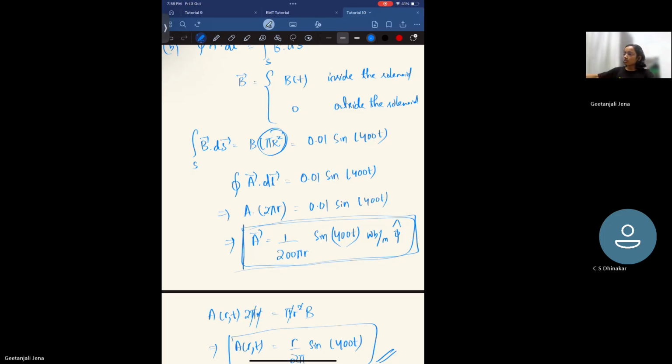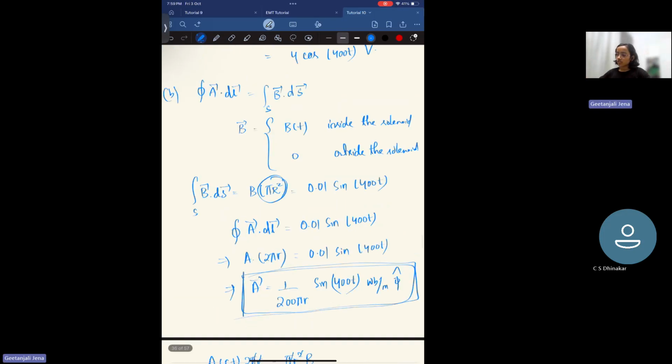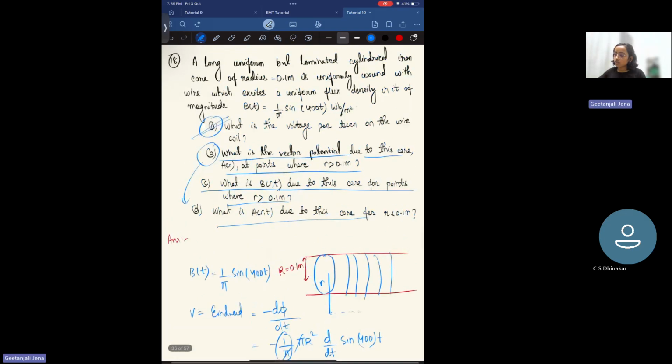Okay. So for this question, it's given there is a long iron core with a radius of 0.1 meter. This iron core is wrapped with wire, and this wire excites a time varying magnetic field given by B(t) is 1 by pi sine 400t.